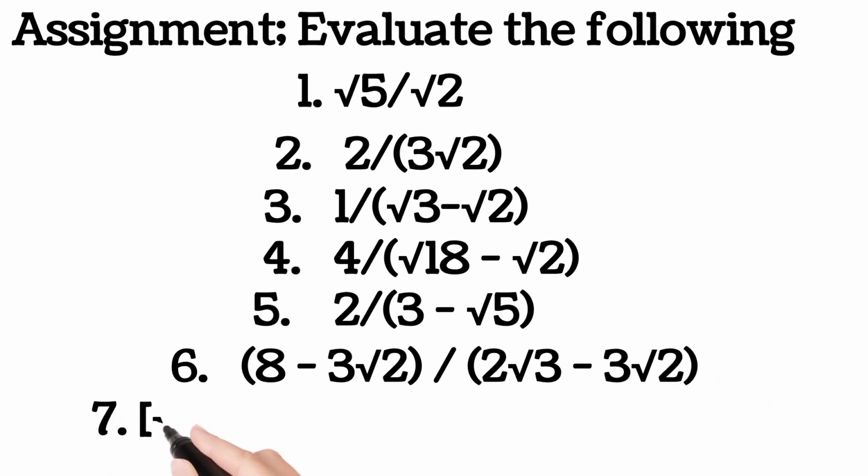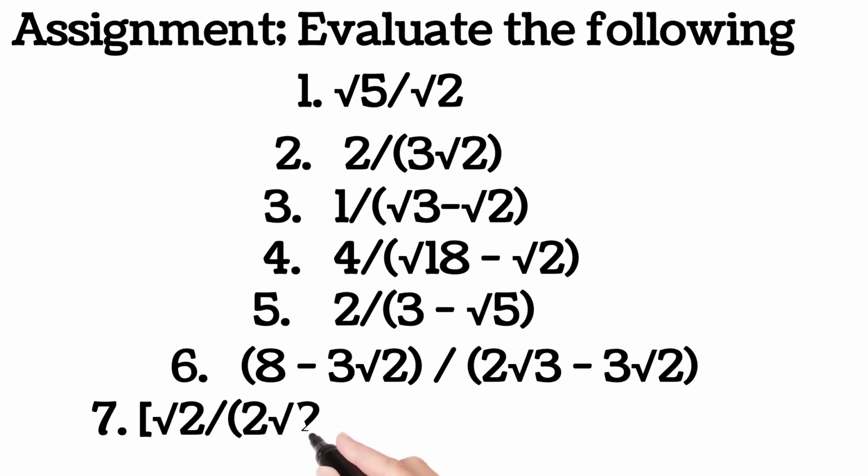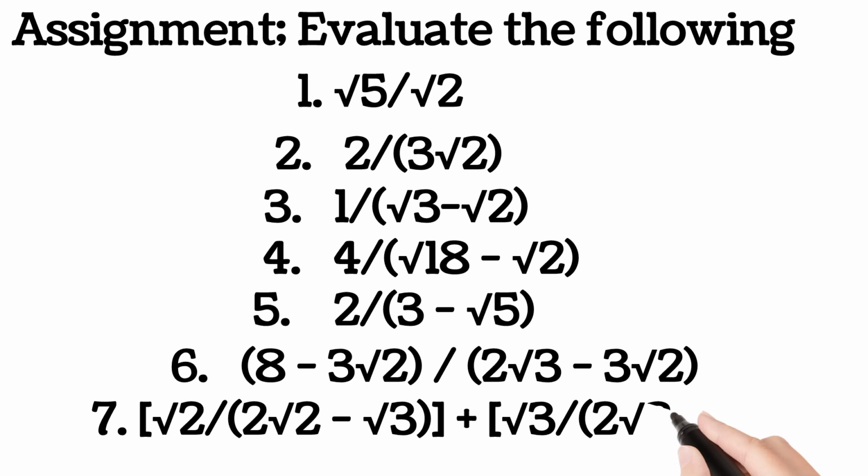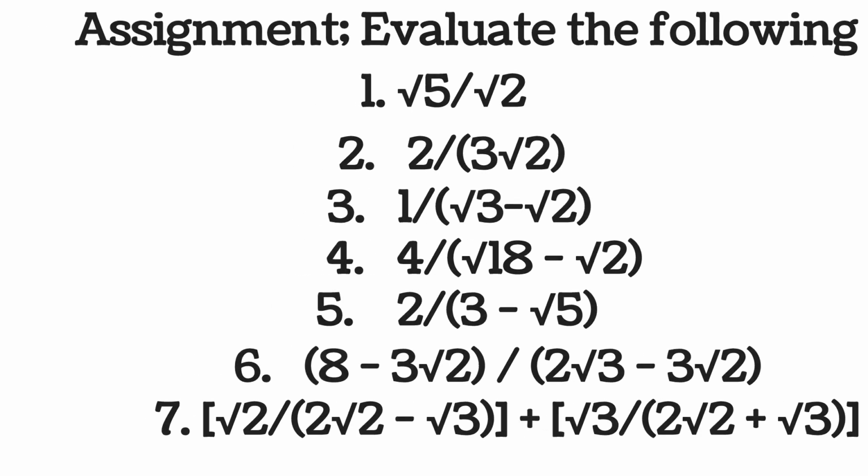Number 7, the last one, open a bracket, root 2 all over, open a bracket, 2 root 2 minus root 3, close the bracket and close the bigger one, plus root 3 divided by, open a bracket, 2 root 2 plus root 3, close the bracket and close the final bracket.